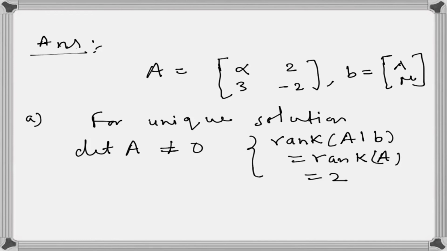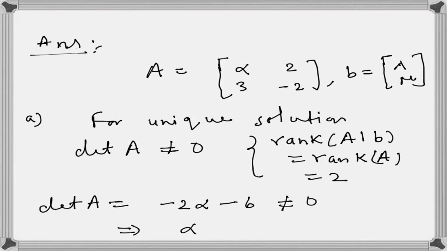Alright, so let's find the determinant of A, which is nothing but minus 2 alpha minus 6, and this is not equal to 0. This implies alpha is not equal to minus 3. So here we don't have any condition on lambda and mu.